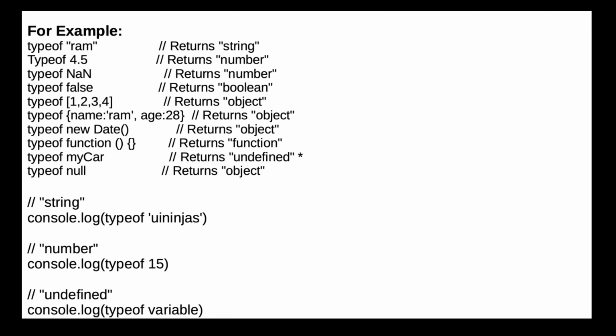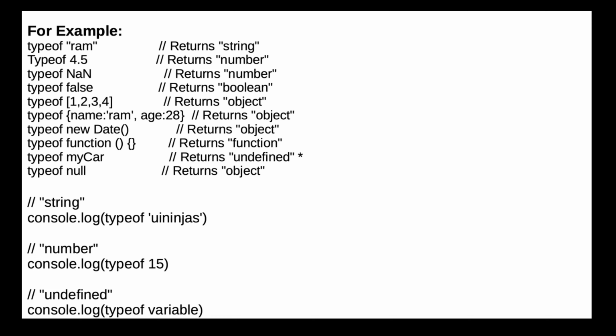So here is an example. If we write a string and check using the typeof operator, it returns string. If we check the typeof operator with a number, then it returns number. Similarly, you can also check boolean, function, symbol.